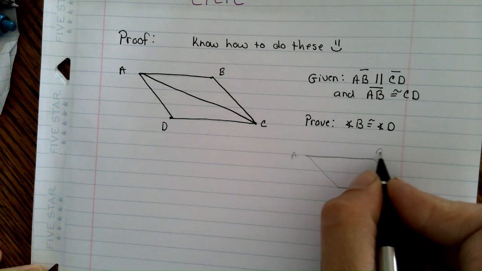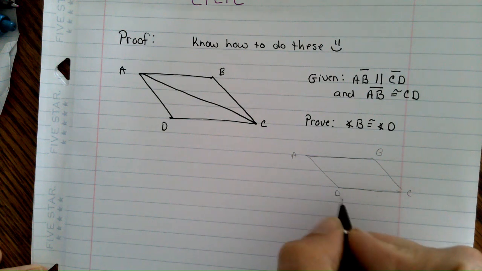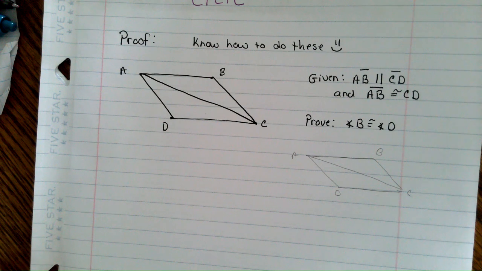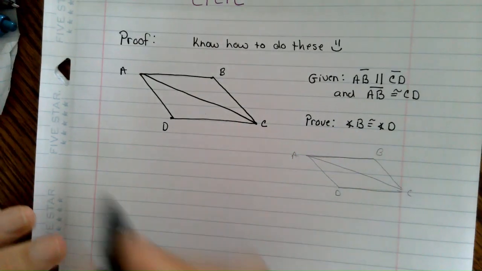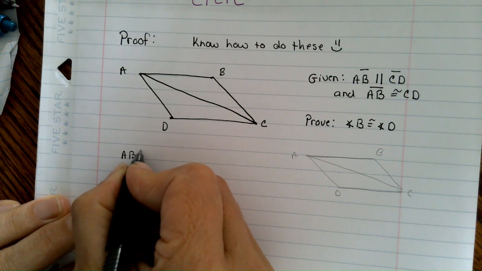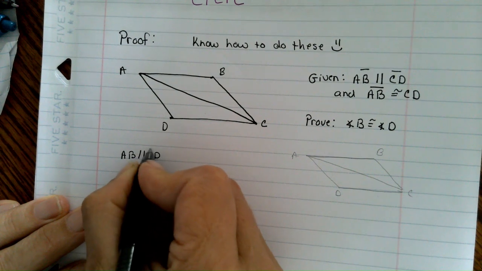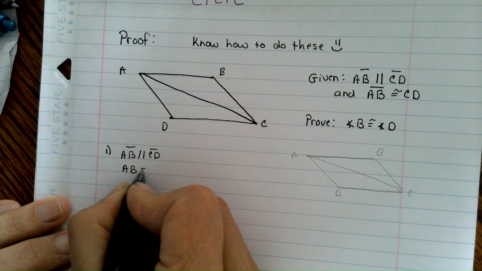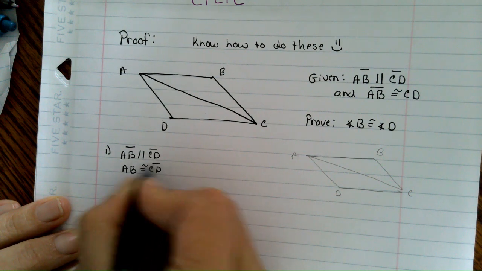So A, B, C, D, and we have that. Okay. My given is written in black, so the first thing I'm going to do is write AB parallel to CD, AB congruent to CD.